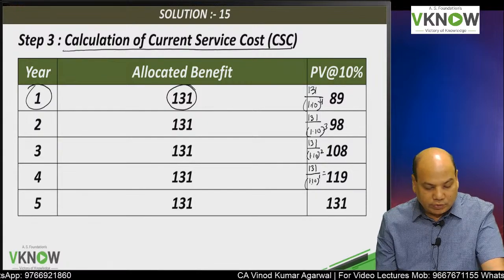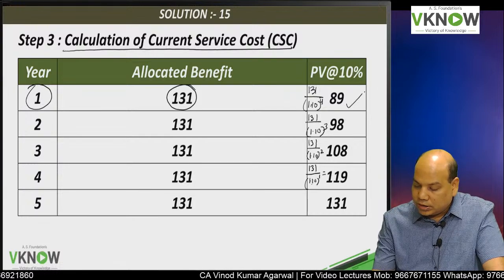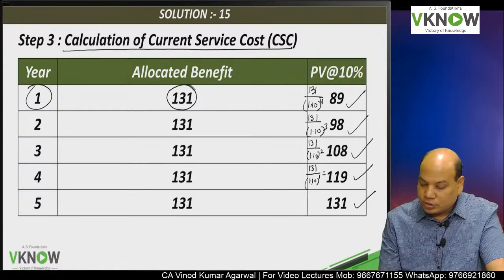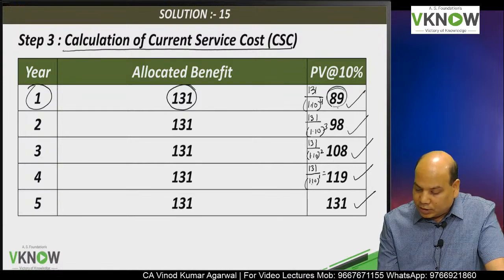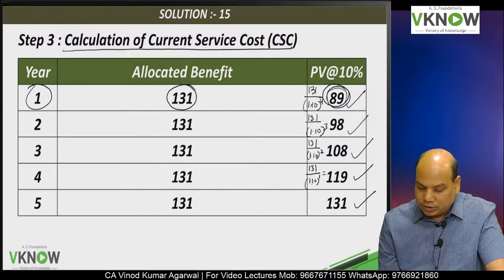So that is 131. So this is called current service cost. The increase in liability because the employee has rendered service for 1 year.